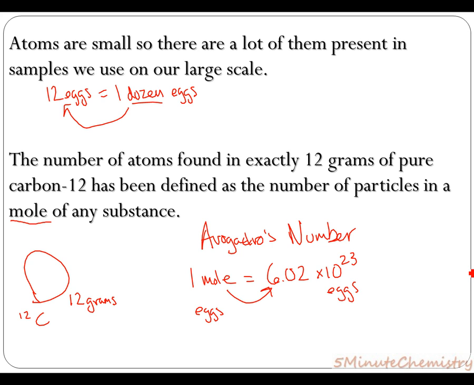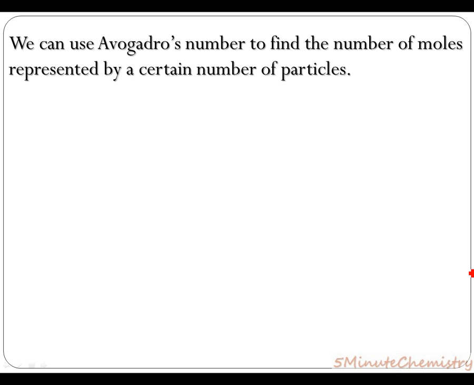Okay, so let's go ahead and continue now. We're going to use Avogadro's number to figure out the number of moles that you have in a specific sample. If I have a certain number of particles, I may want to know, on the mole scale that we actually use on an everyday basis, how many moles do I have?